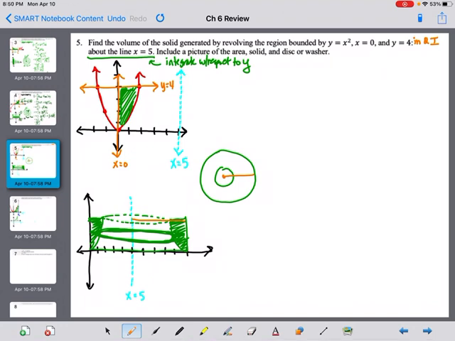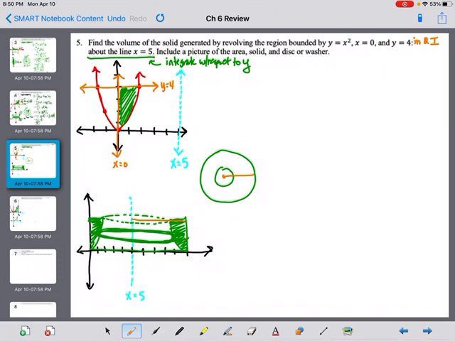And so that is 5 minus 0, because remember, when we are spinning around an axis that isn't the x-axis or the y-axis, our radii are always going to be the axis of rotation minus the function.